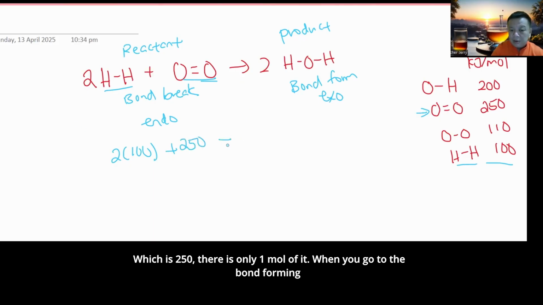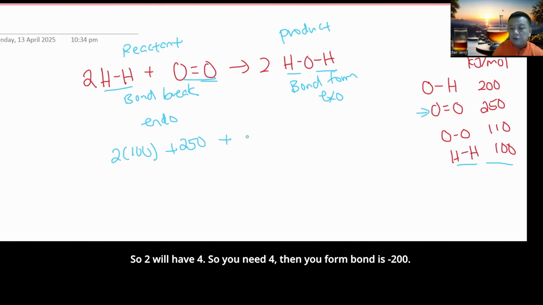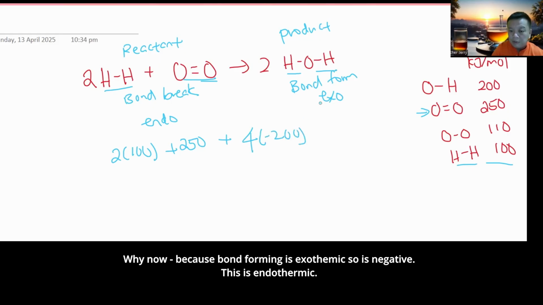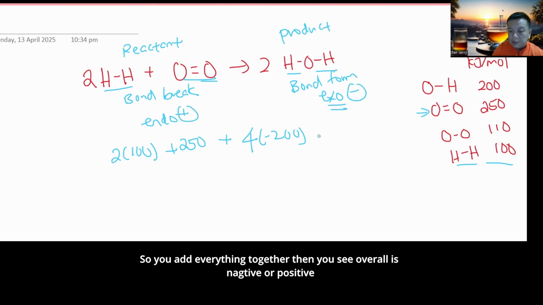Then when you go to the bond forming, you must understand that one H2O will have two OH bonds. So two H2O will have four. So you need four, and because you form bonds, you minus 800. See why now minus? Because bond forming is exothermic, so it's negative. This is endothermic. So you add everything together, then you see whether your overall is negative or positive.